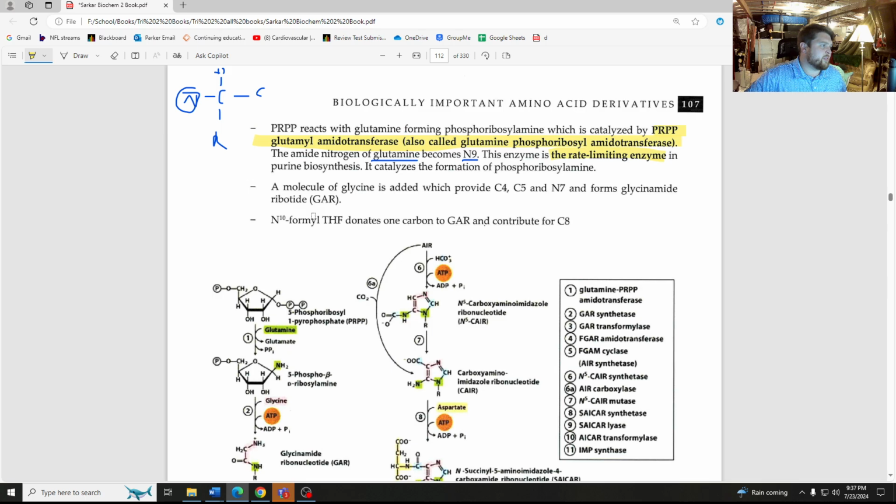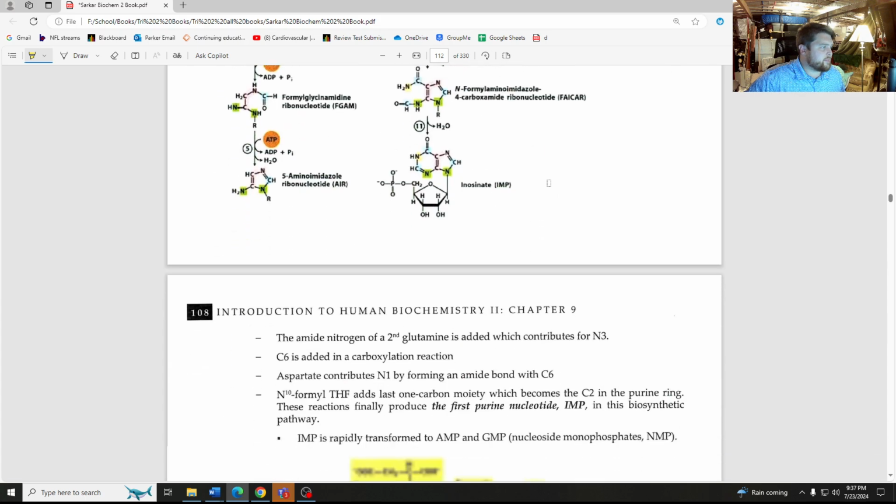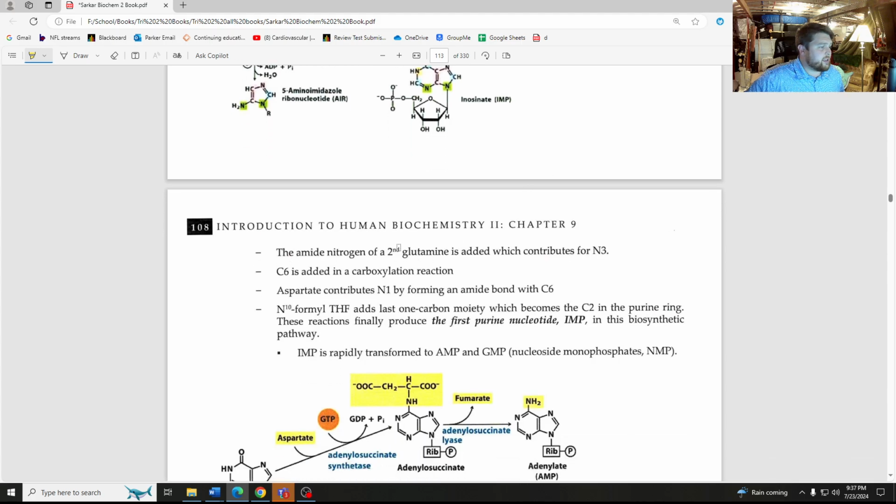A molecule of glycine is then added, which provides C4, C5, and N7, and forms glycinamide ribotide, also known as GAR. Then the N10 formyl tetrahydrofolate donates one carbon to GAR and contributes C8. It just keeps on going.